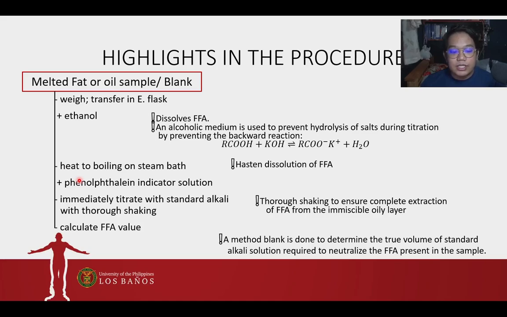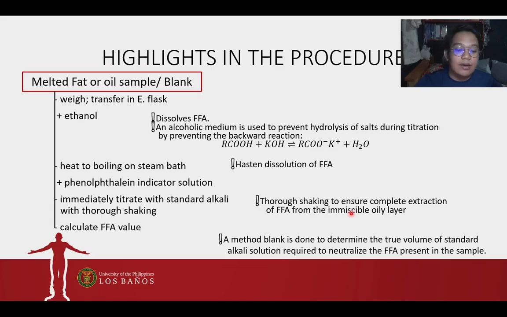Then afterwards, you will immediately titrate it with standard alkali with thorough shaking. So yung thorough shaking is for us to ensure that complete extraction of FFA from the immiscible oily layer is observed. Okay? Then after titration, medyo direct yung method ng FFA natin.